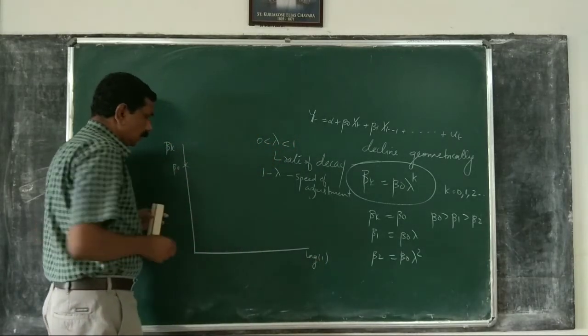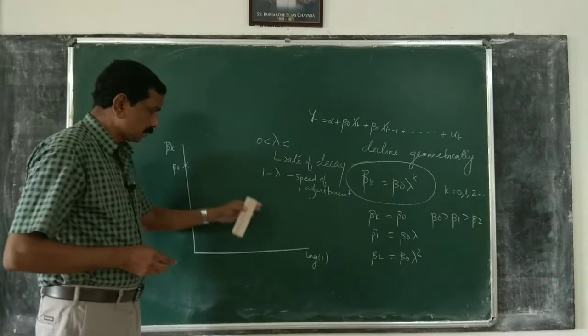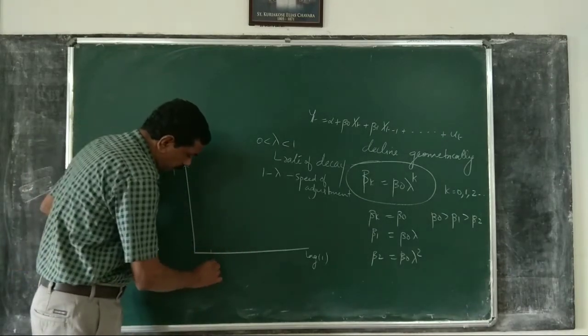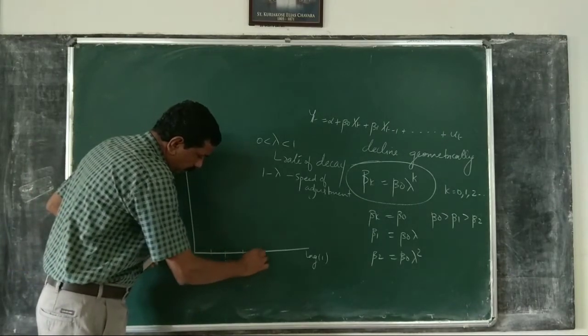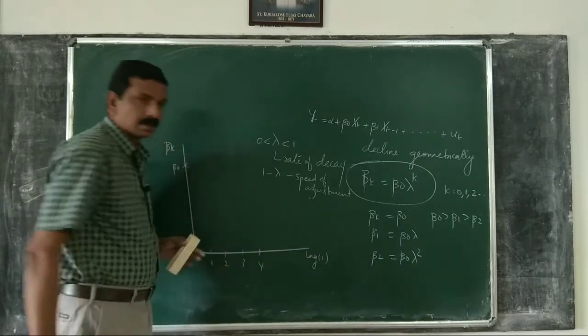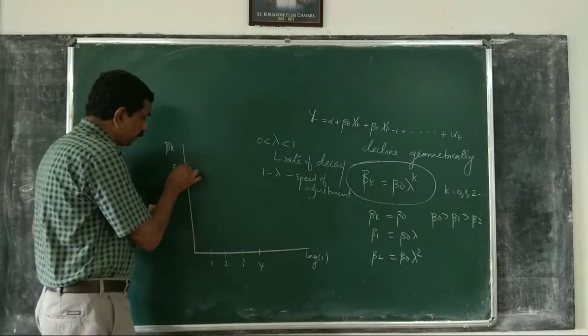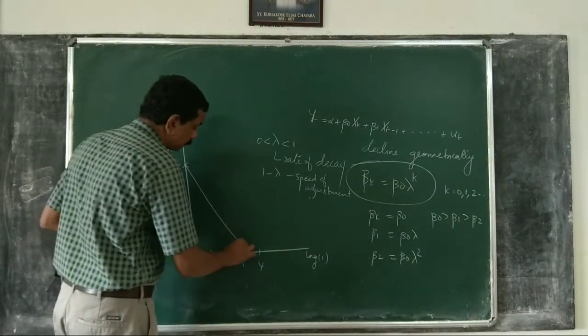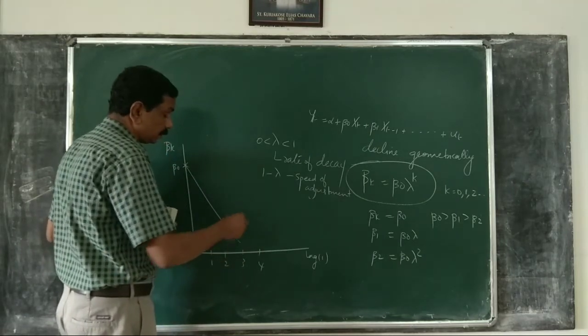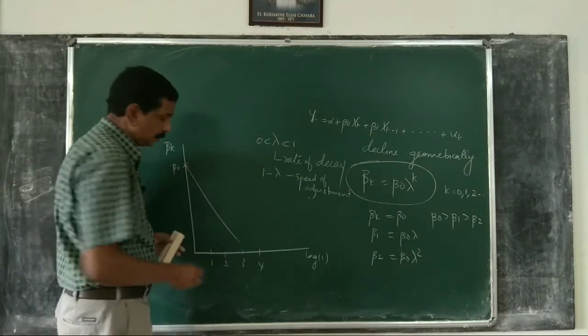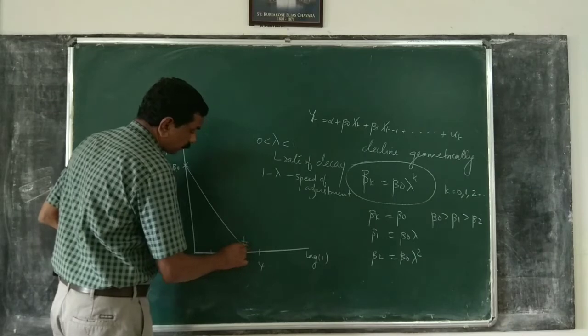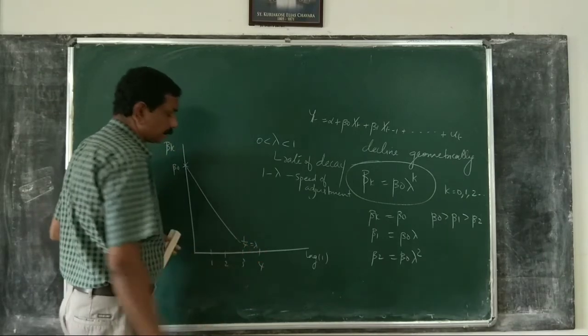Now, as we go 1, 2, 3, 4, etc. If the value of lambda is small, beta k approaches 0 very quickly. So 1 by 4 is equal to lambda.